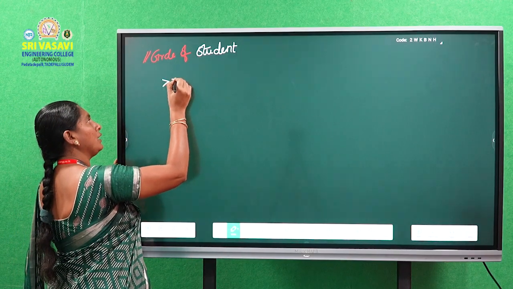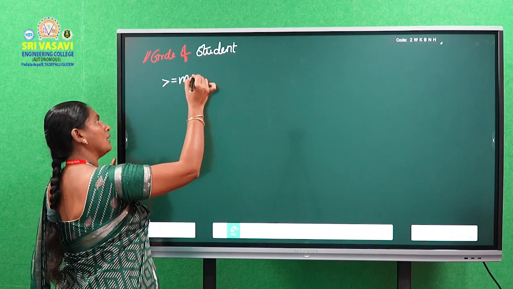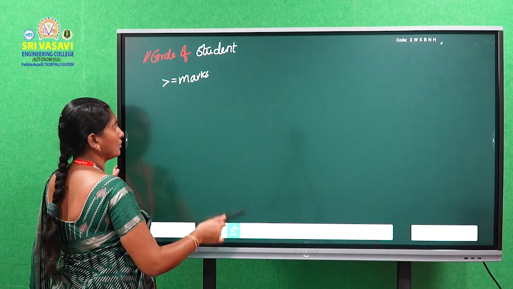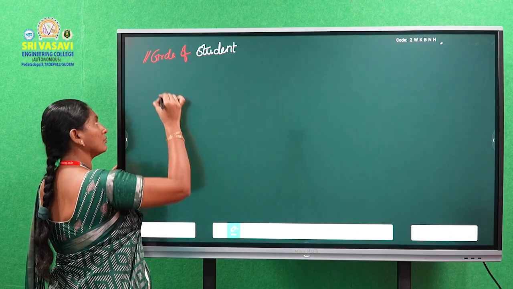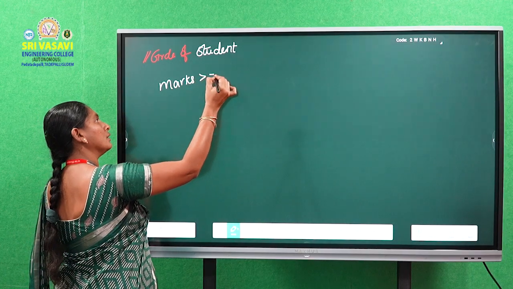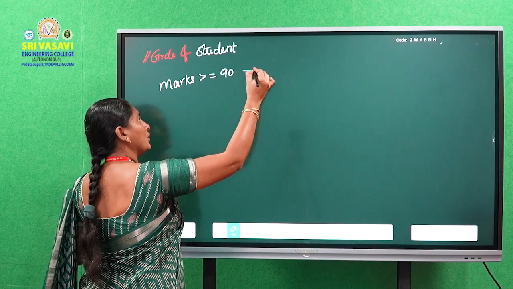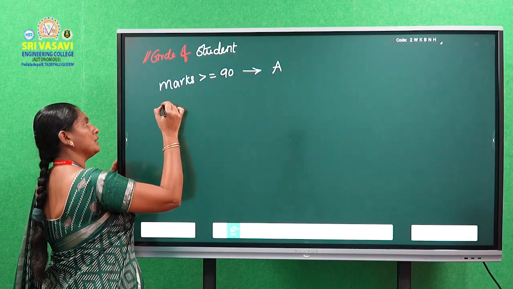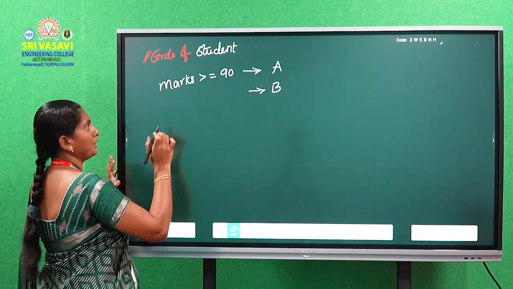I would like to print a grade based on marks, and if marks are greater than or equal to 90, then I would like to print grade A. Next I want to print grade B. For this you have to define the range.